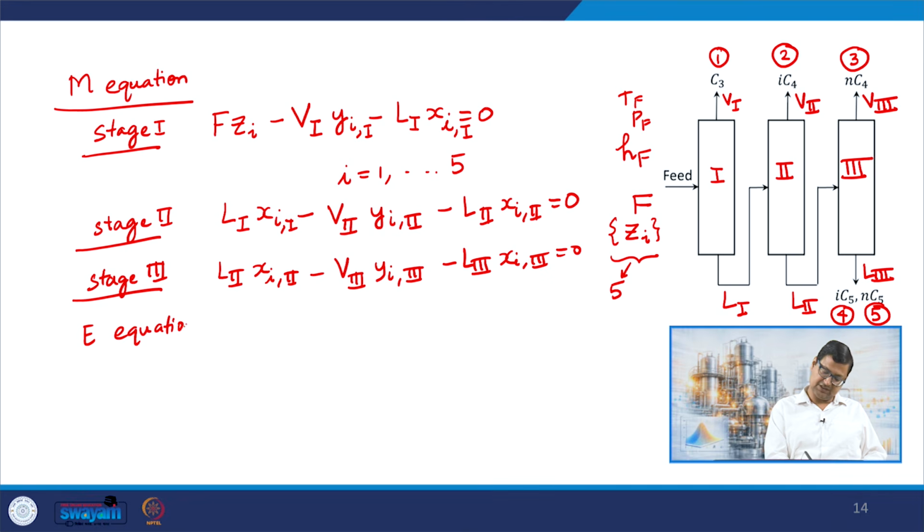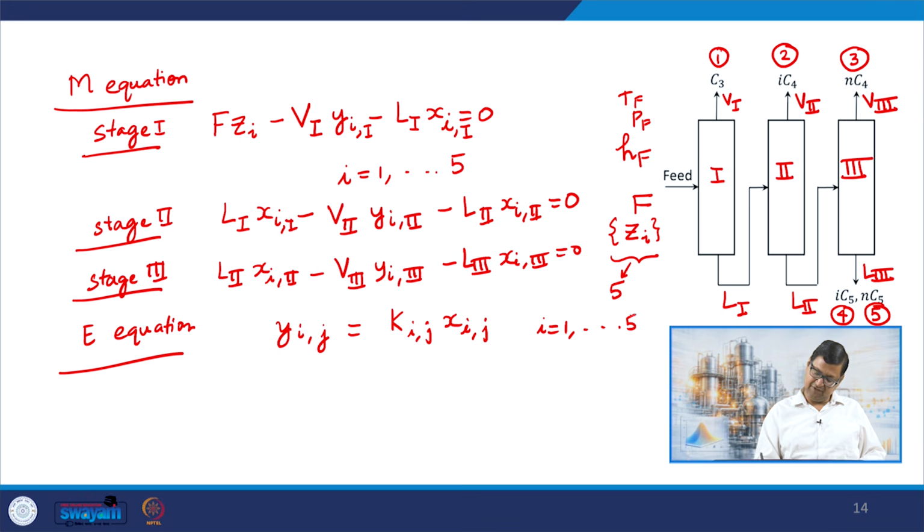What are the E equations we have? The E equations we have are essentially my Yij is equal to Kij Xij, where i is equal to 1 to 5 and j is equal to 1 to 3. And what is the S equation we are having?